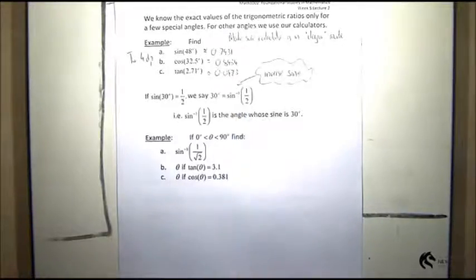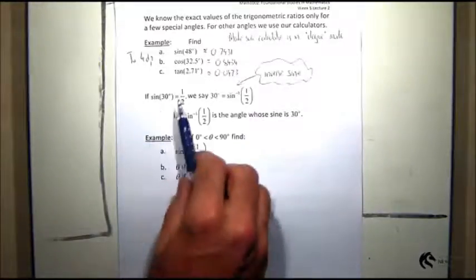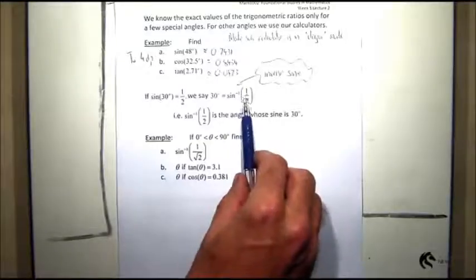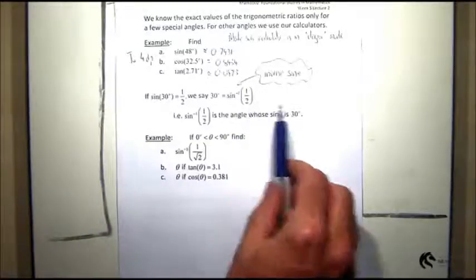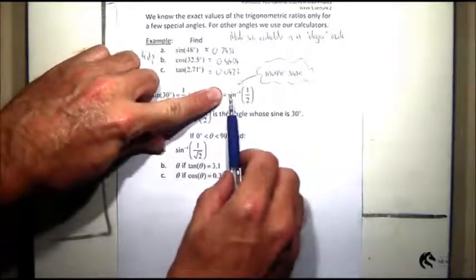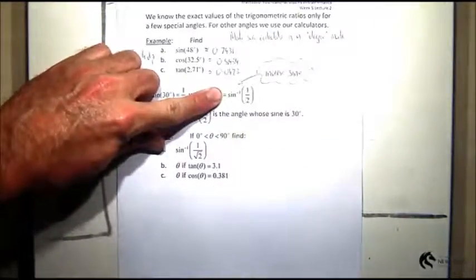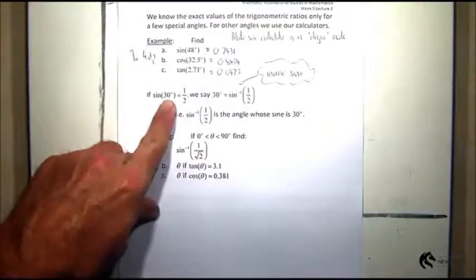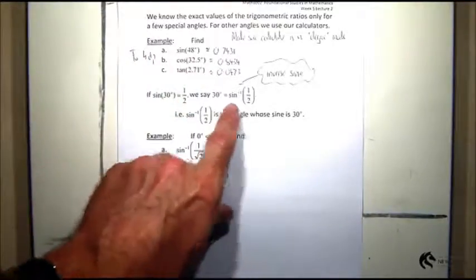And so it says, if the sine of 30 degrees is 1/2, then 30 degrees is sine inverse of 1/2. So if I looked at that, I would say, what angle has as its sine 1/2? And the answer is 30 degrees. The sine of 30 is 1/2, so sine inverse 1/2 is 30.